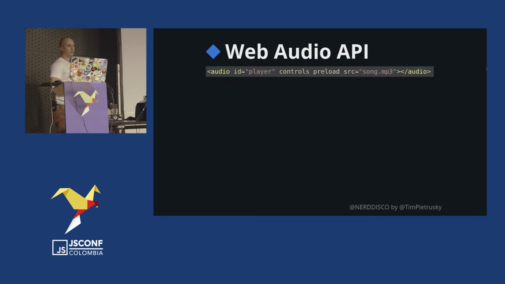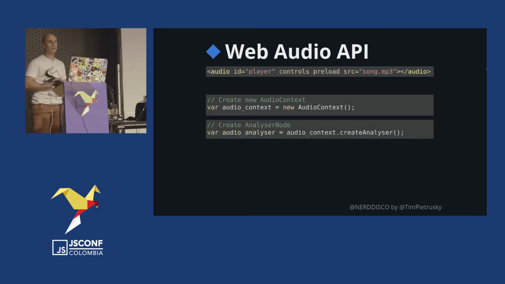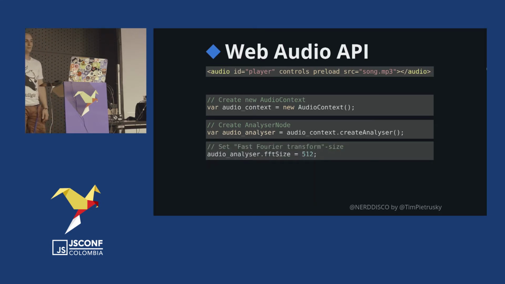First of all, when you start with the Web Audio API, you have the HTML audio element, and you can just put any song you like into it. Then you create an audio context, which is there to get all the functionality of the Web Audio API. Then you create an analyzer node, which is there to analyze the audio, and you can specify the FFT size, but it doesn't matter what it means.